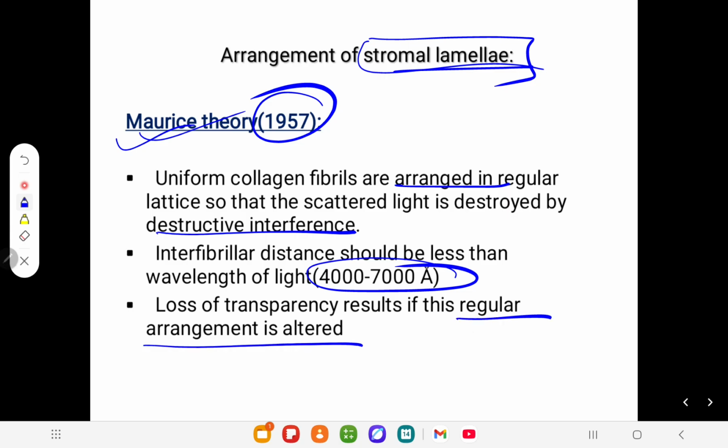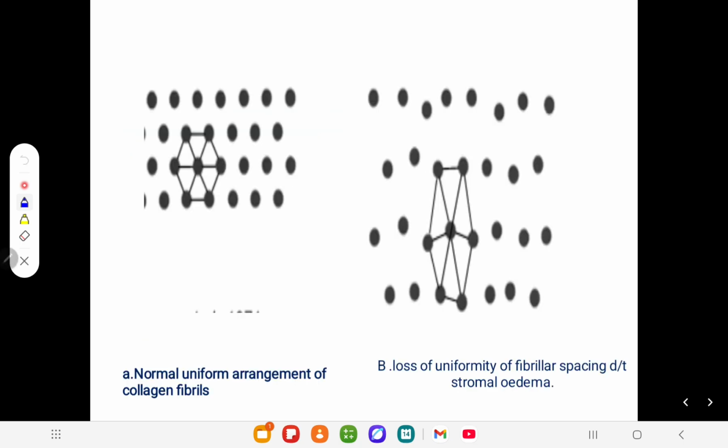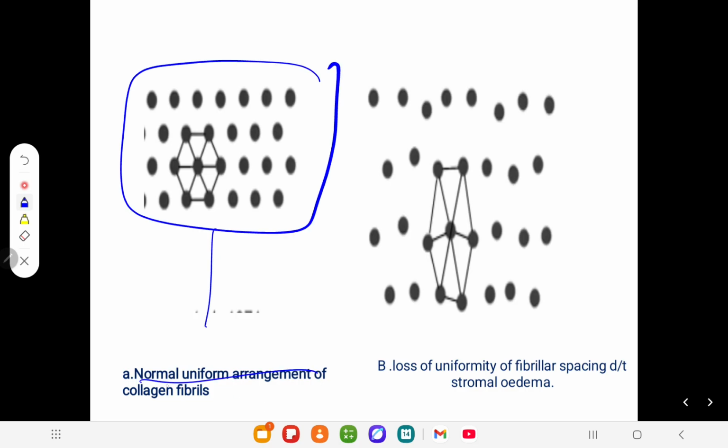So loss of transparency results if the regular arrangement is altered. So there is a regular arrangement in stromal lamella. If that is altered because of the edema or whatever, then transparency is lost. That's Morris theory. So basically, this is the normal condition, isn't it? Normal uniform arrangement of corneal fibrils, which is basically spacing normal and uniform arrangement.